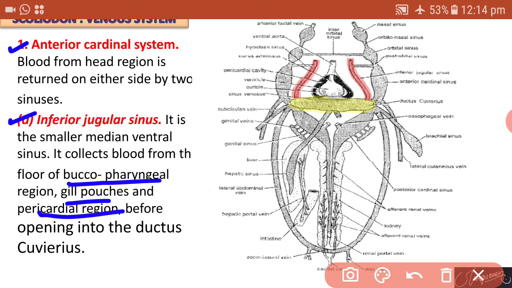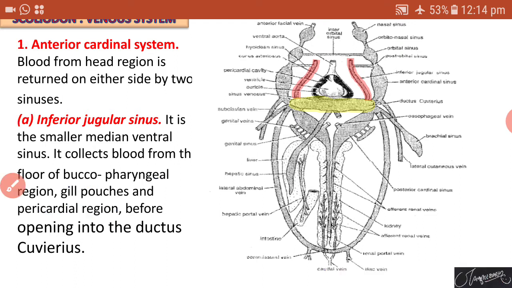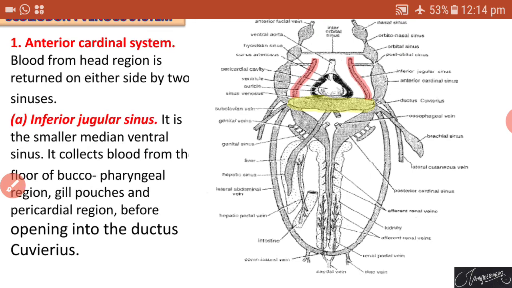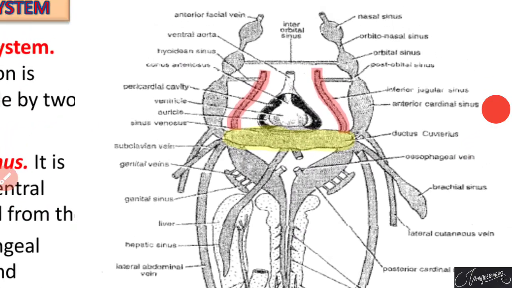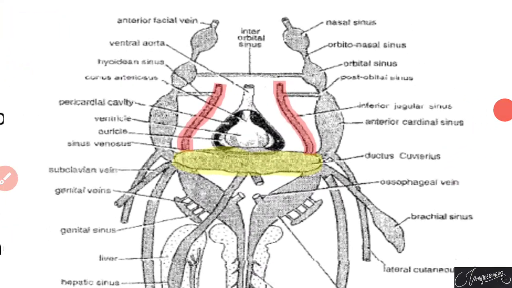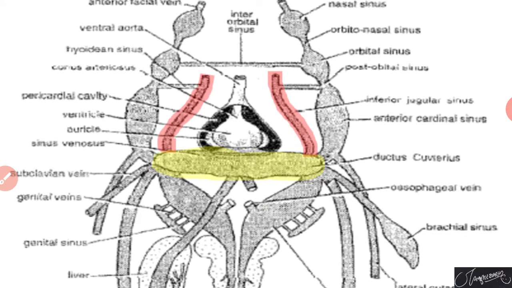The blood is collected by a particular type of vein, which is called the inferior jugular sinus. We also find in this diagram the inferior jugular sinus, which collects blood from the buccopharyngeal region, from the gill pouches and the pericardial region.